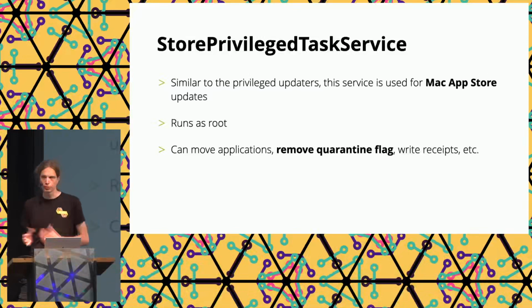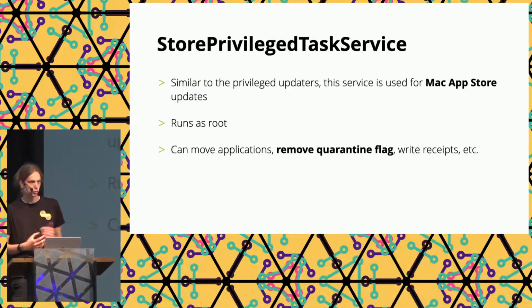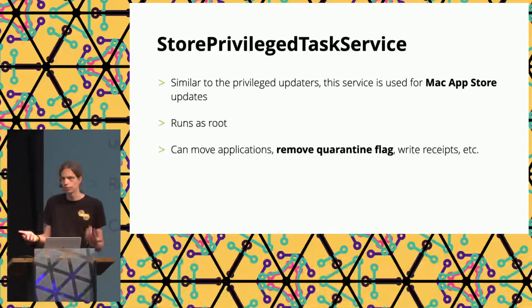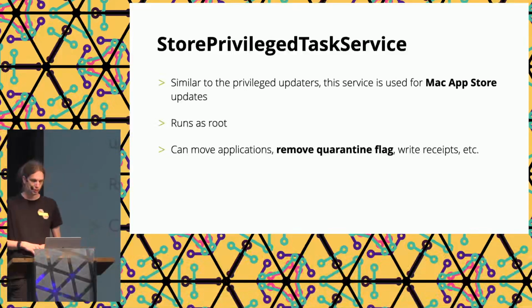They needed root privileges for certain steps, so they created a separate privileged tool to do just those steps, and then other things can request it to do that. For example, it can move the application to a different location. It can remove the quarantine flag, which is applied to files you have downloaded from the internet, and something about managing receipts.